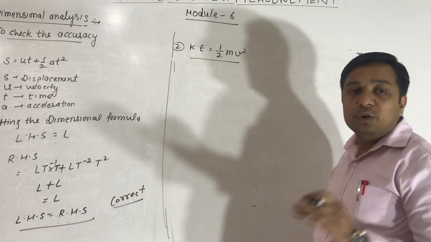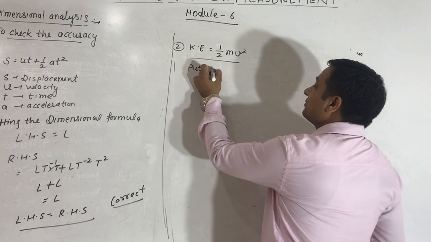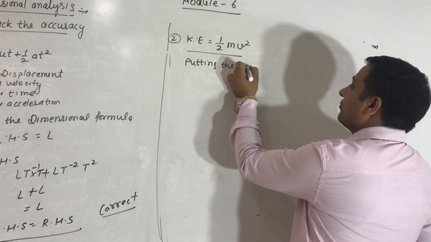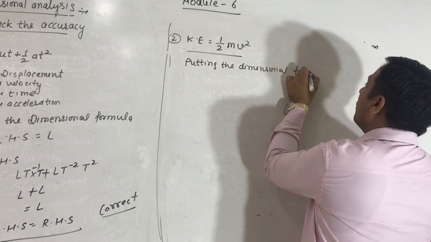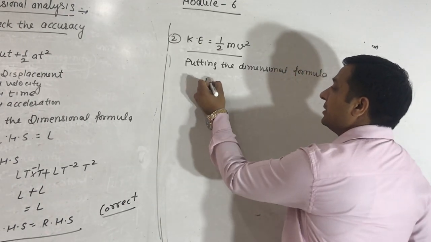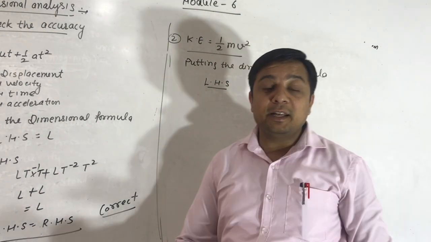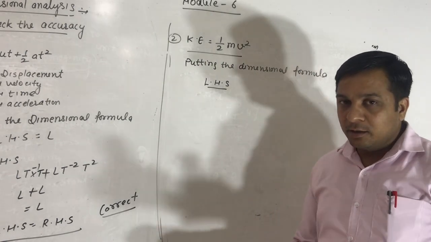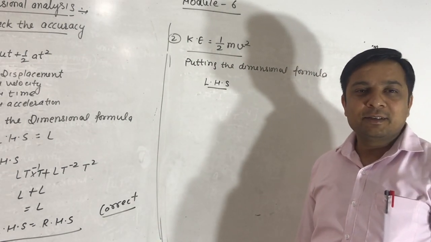First of all, putting the dimensional formula. If you put the dimensional formula, left hand side, the dimensional formula of kinetic energy. Again, a problem for you. What is the dimensional formula of kinetic energy?